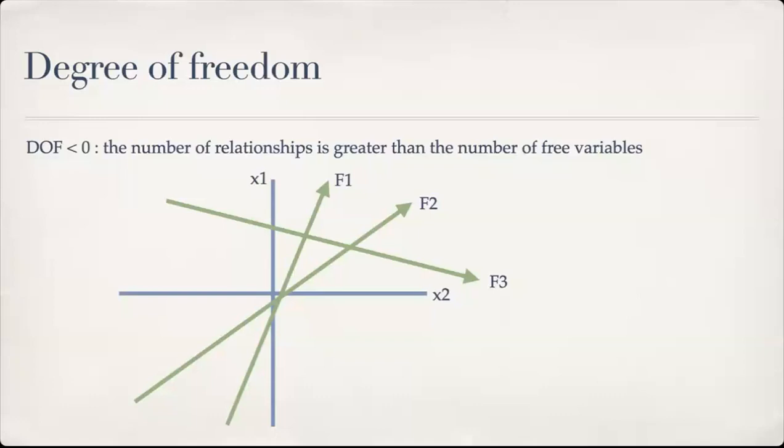For example, we have a domain of 2 variables, x1 and x2. We have only 2 variables available, and they are independent. You can choose x1 and x2 freely without f1, f2, f3. You can choose any place, but in order to choose any place, you need to specify 2 parameters.